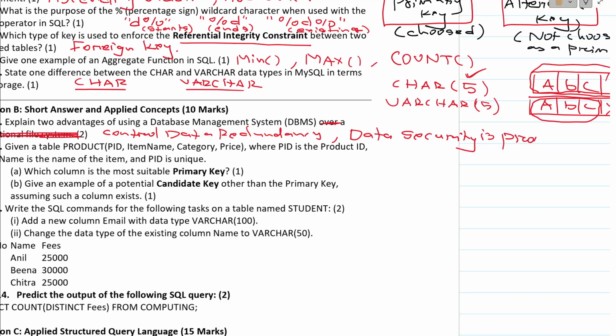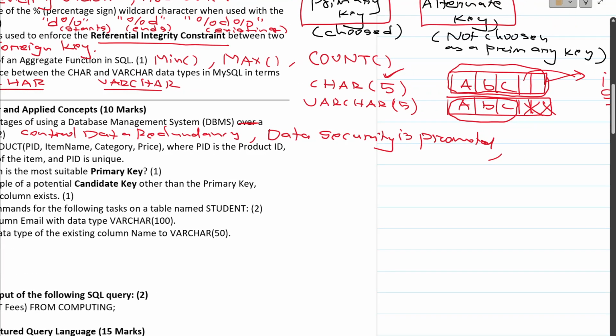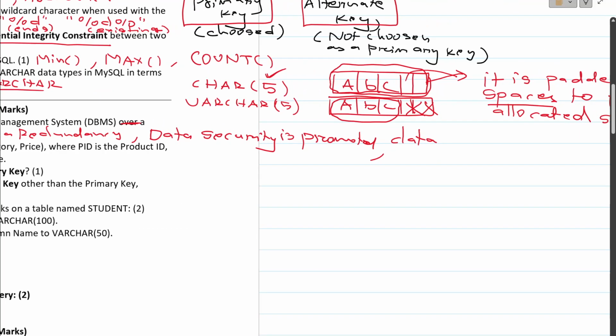Okay, then you can write another one. Data consistency. What do you mean by data consistency?